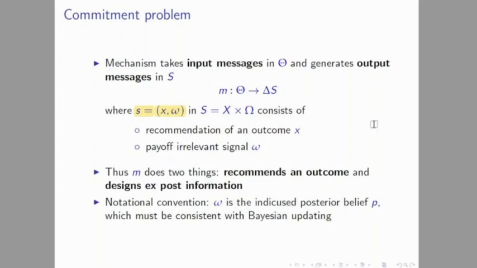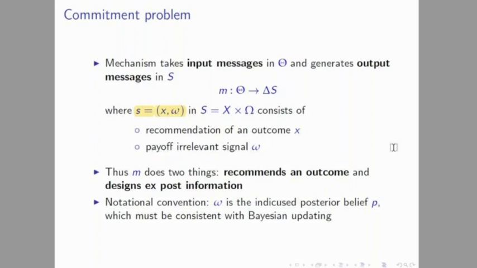And then the second entry in the output message of the mechanism is a payoff irrelevant signal omega, whose only role is to potentially affect the ex post beliefs of the agents. So in particular, if we have an incentive compatible mechanism where the agents report their types truthfully to the mechanism, omega might be such that it reveals perfectly the types of the agents.